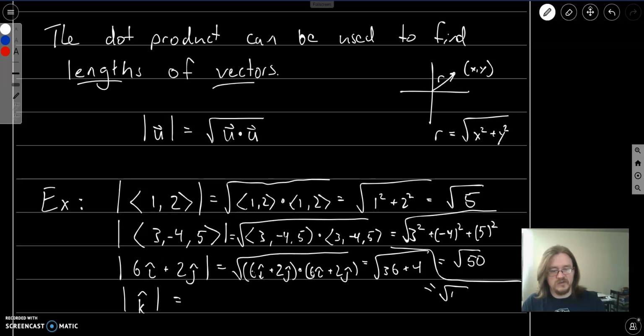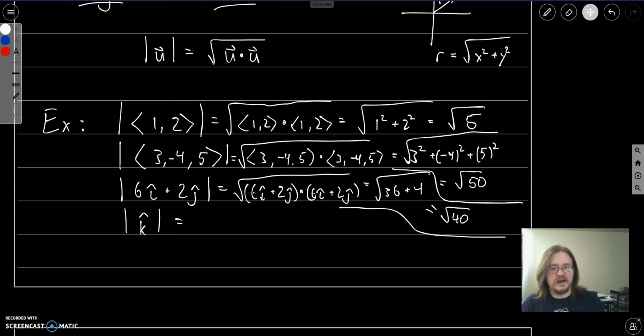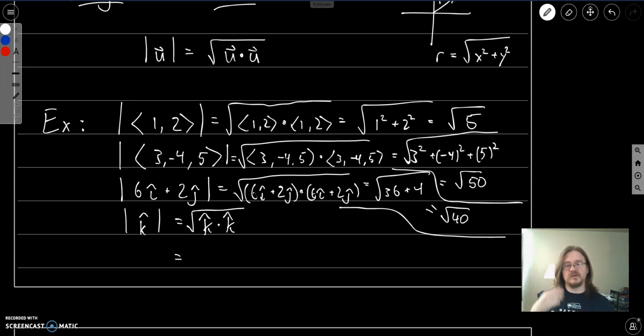So we're going to get the square root of 40. I'm running out of space here, I apologize. And then the length of k. So if I want to take k dot k, well, what we need to think is, okay, what's the length in the x direction? Well, that's 0. What's the length in the y direction?